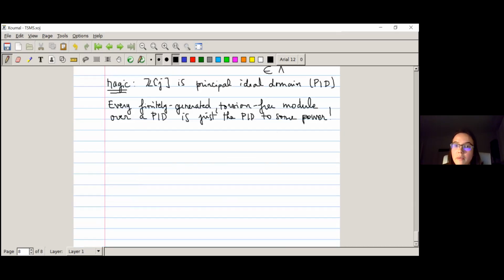That's the structure theorem for finitely generated modules over a principal ideal domain. And that means that lambda is just Z[j] to the power 3. And that means that A, here I'm hiding some details, that A is C3 quotiented by Z[j] cube.